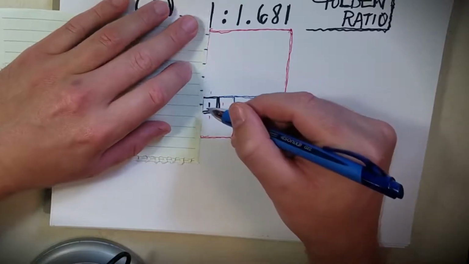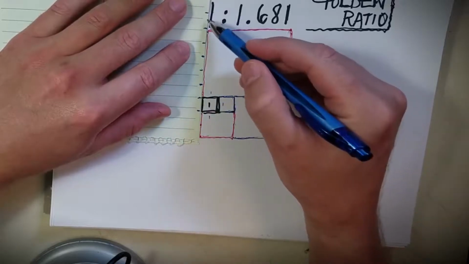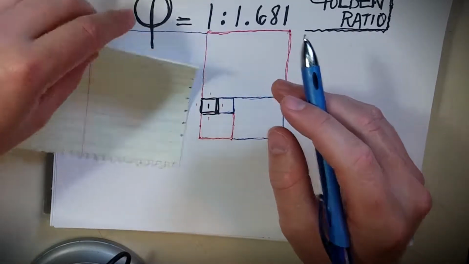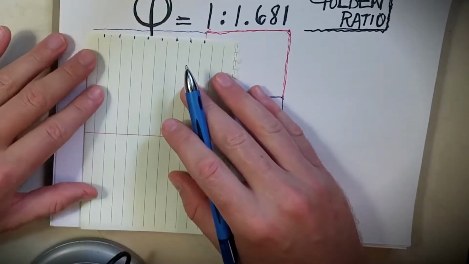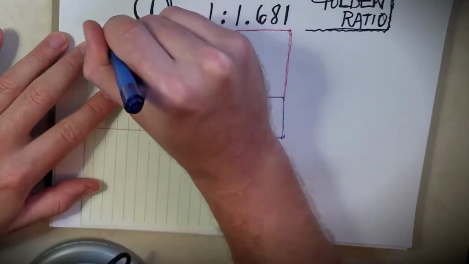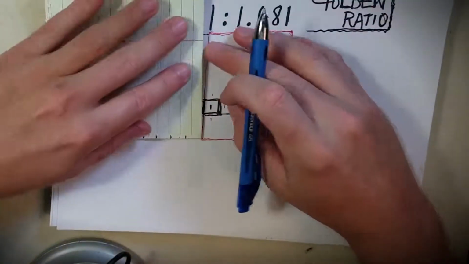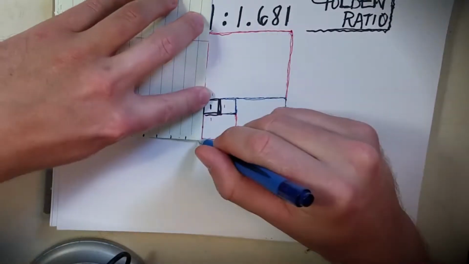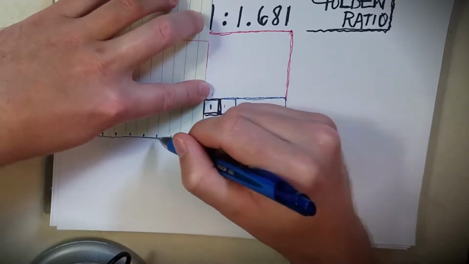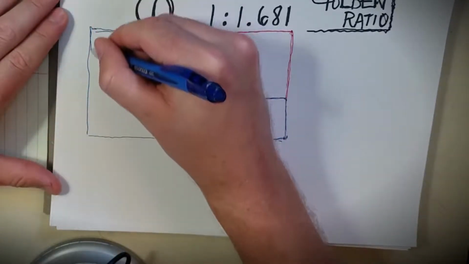That'd be 6, 7, 8. Okay, so that's 1, 2, 3, 4, 5, 6, 7, 8. So that will be my line right there. Okay. And then I'll do this side real quick. And I'm going to show you how the Twitter logo is made. 1, 2, 3, 4, 5, 6, 7, 8. Okay.